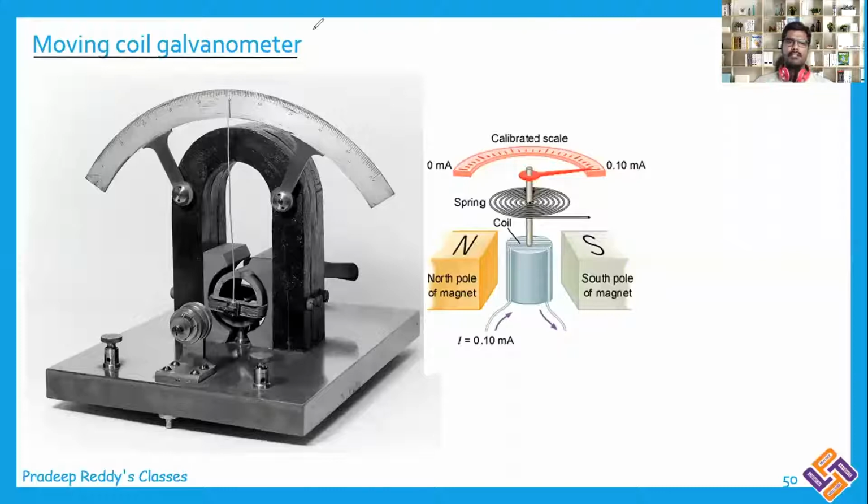So the principle of constructing a moving coil galvanometer is that a coil placed in a uniform magnetic field experiences a torque.